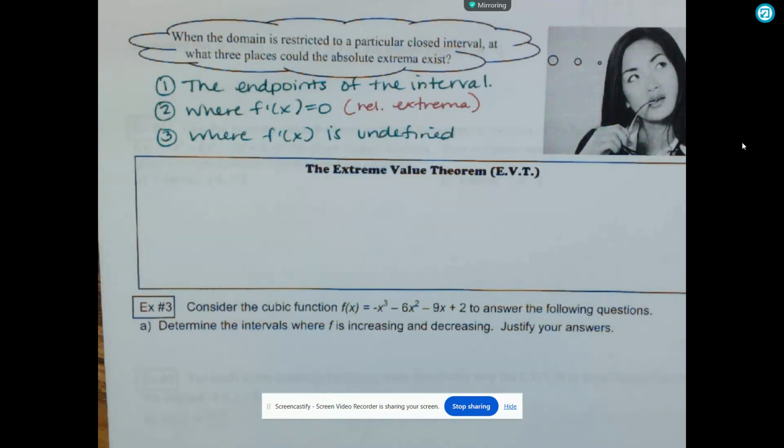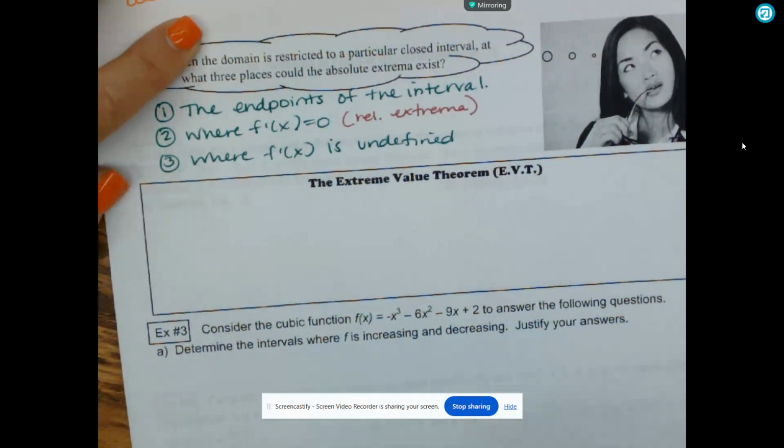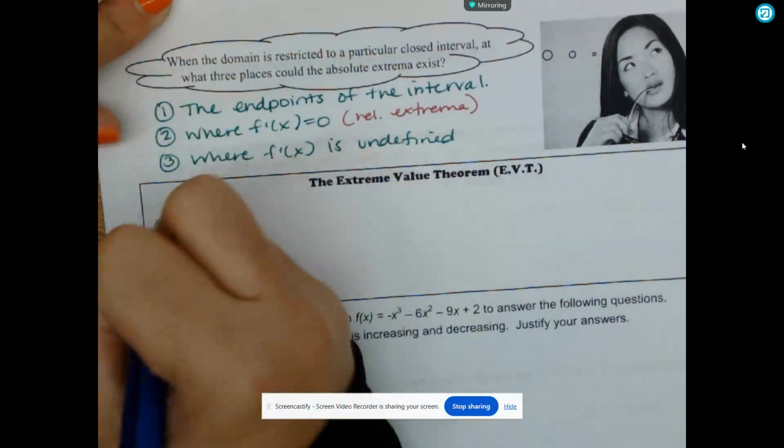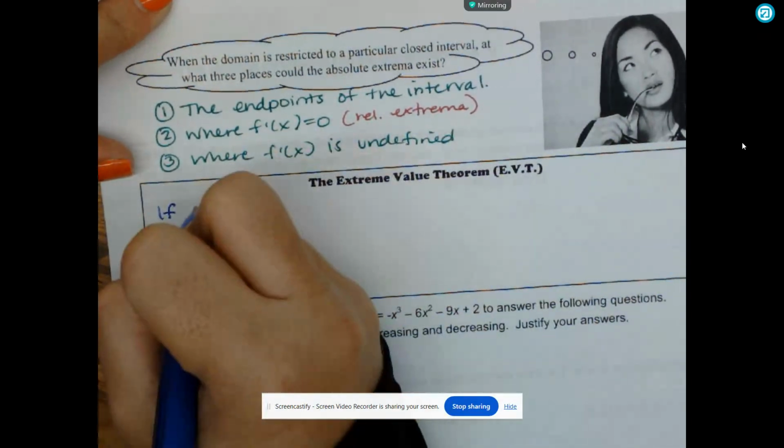All right, so the extreme value theorem, or EVT as we're going to call it, states this right here, and it is nothing new that y'all didn't already know. We're just going to give it a fancy name.